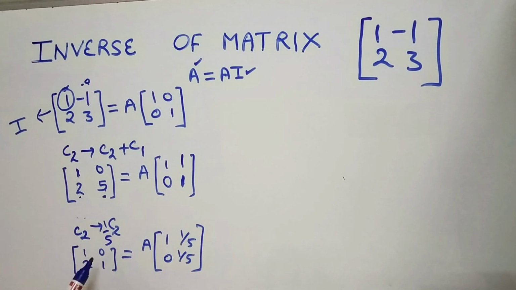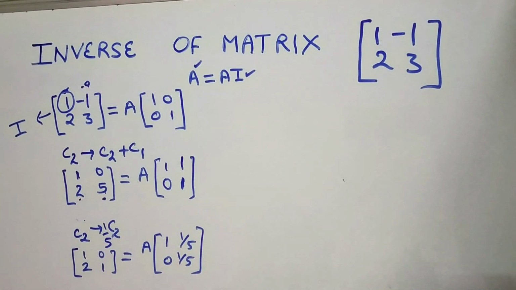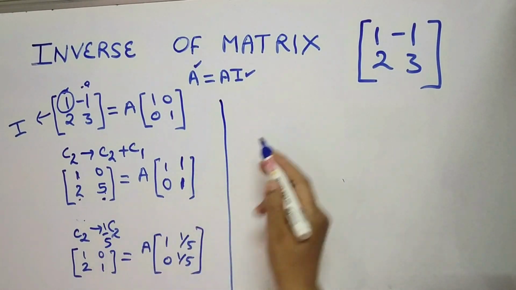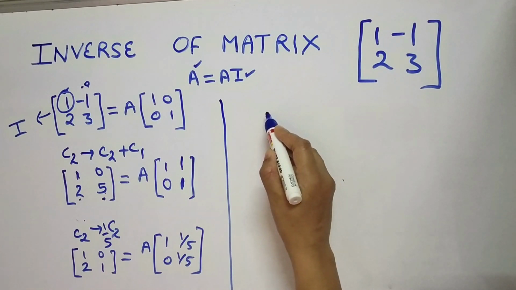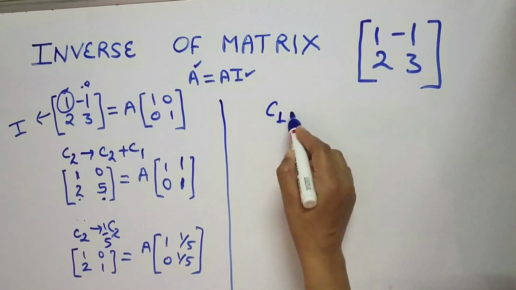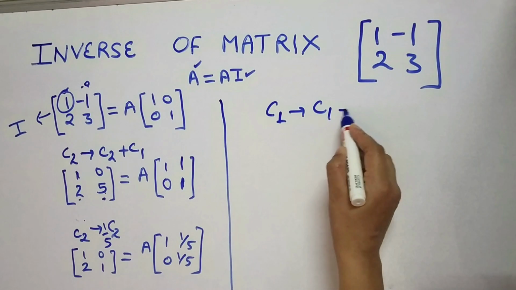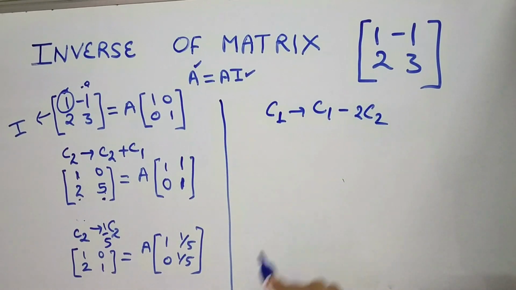Now here we need 0 in place of the 2. For doing this, the change is C1 as C1 minus twice of C2. Why am I doing this?